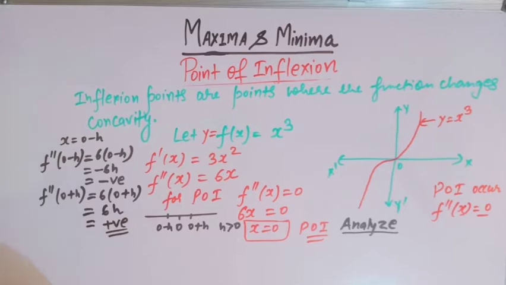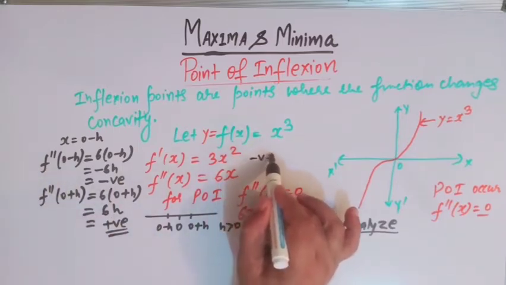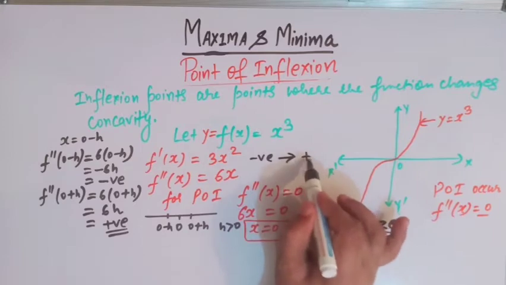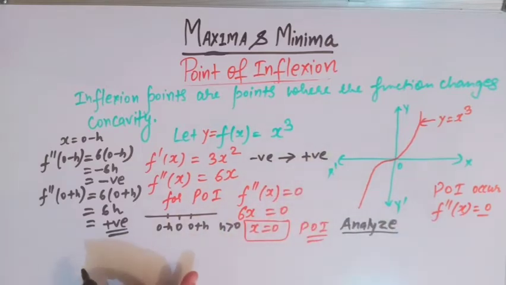So viewers, here we have a very important conclusion. The conclusion is that x equal to 0 is a point of inflection because the second derivative changes sign from negative to positive, right? From negative to positive.